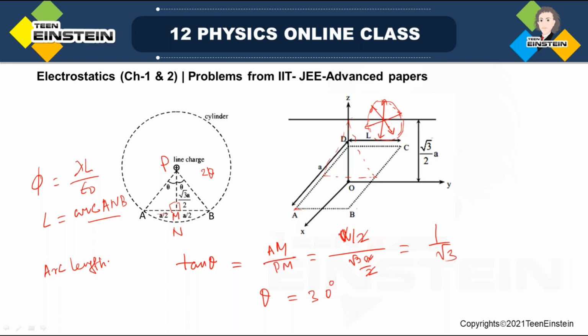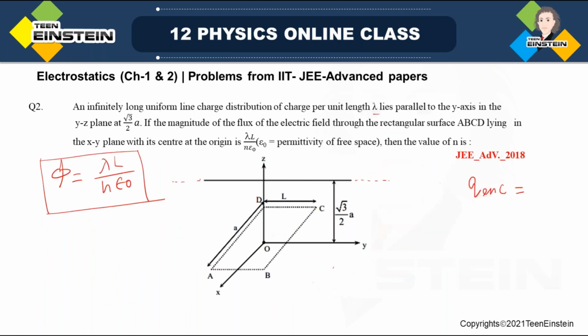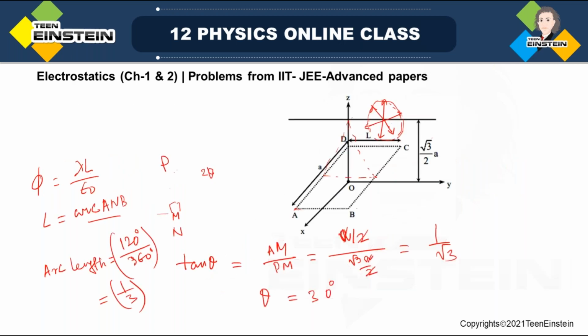Arc length will take 120 degree divided by 360 degree, that's how we'll get 1 over 3. Oh I'm sorry, this is 60 degree, not 120 degree, this is 60 degree, 2 theta. 2 theta is 60 degrees, so it will be 1 over 6.